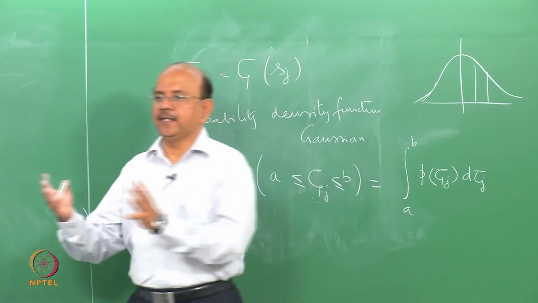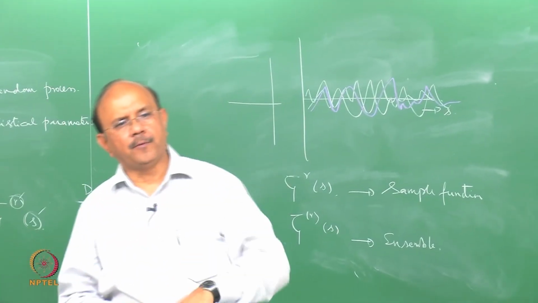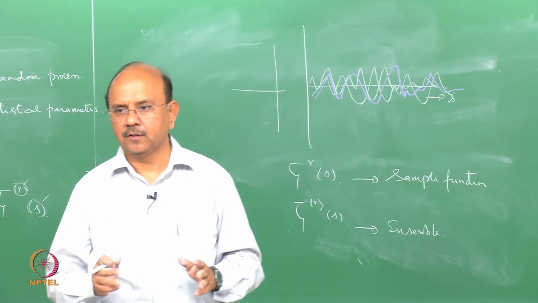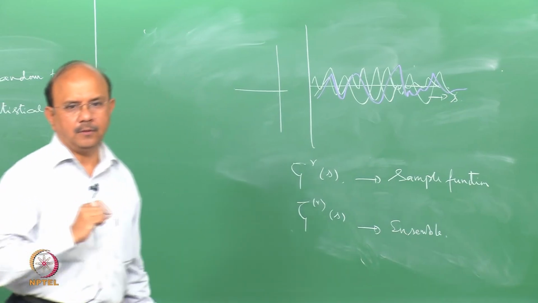Integrating this gives you the probability distribution function. You can also look at the probability density function as the differential of the probability distribution function. We'll not go into too many niceties because we have a lot more to look at.